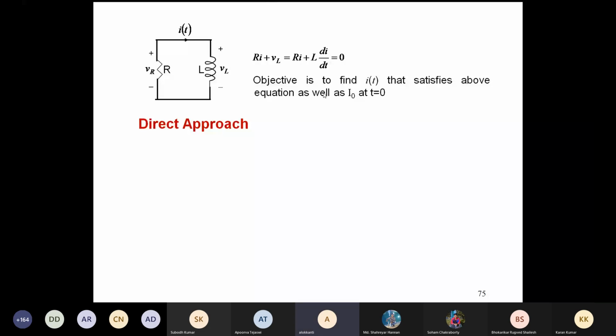So one is the direct approach. You do the separation of variables. You take i on one side, di by i, and on the other side you are left with R and L, the constant circuit values.